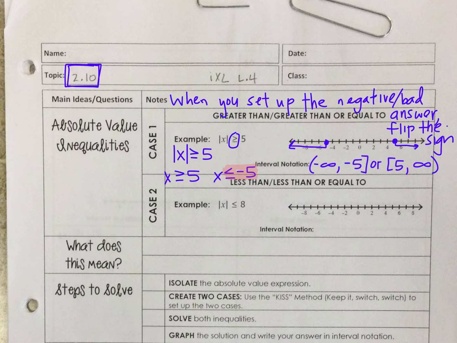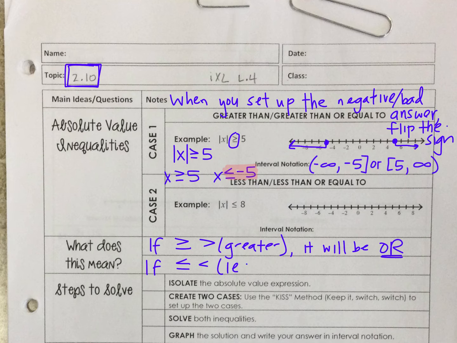Okay? So that tells me that if your problem starts with greater than, or greater than or equal to, then it will be an or problem. If you start with less than or equal to or less than, then it will be an and problem.